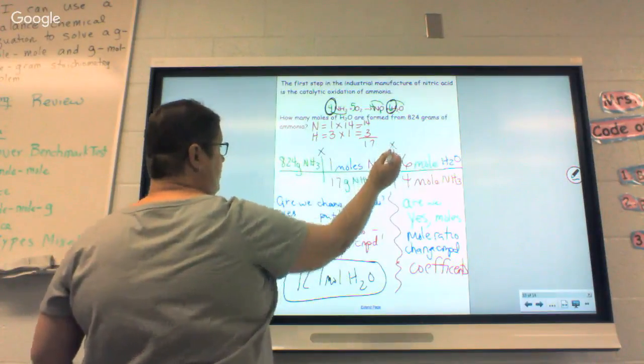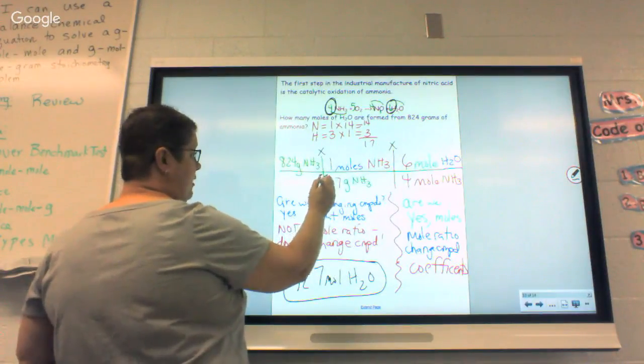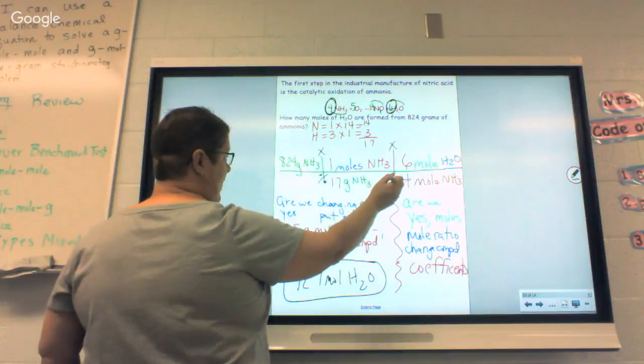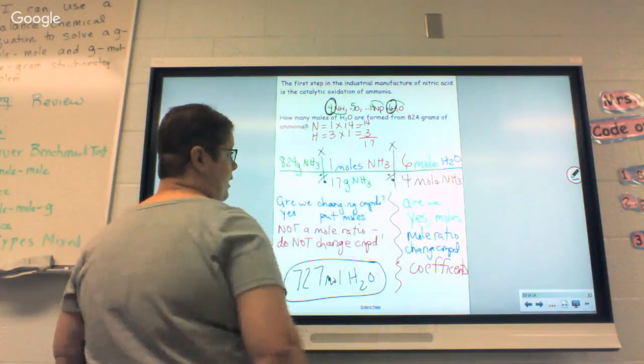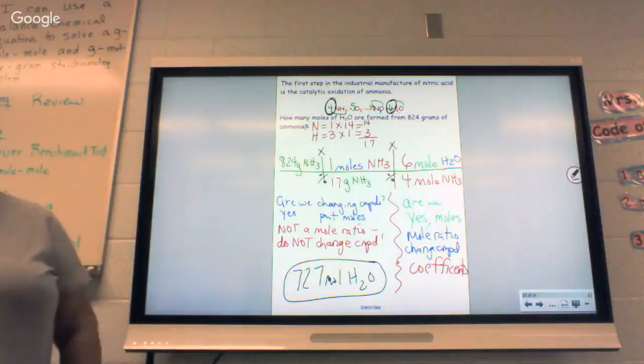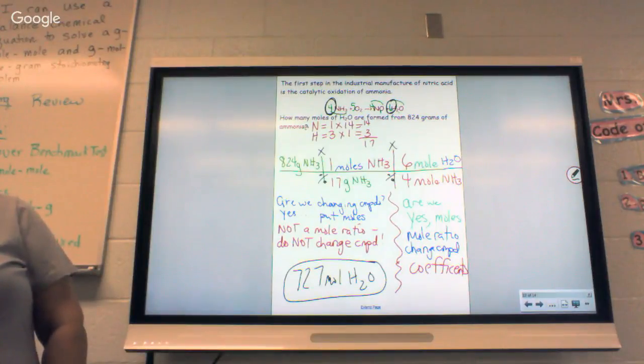I multiplied here. I divided here. And I divided here. Okay? Those are both in the denominator. So you divide by both numbers. You don't multiply by the 4 because it's in the denominator. If you want to multiply by anything on the bottom, you need parentheses. And I don't want to use the parentheses. So I divide by the 17 and divide by the 4.